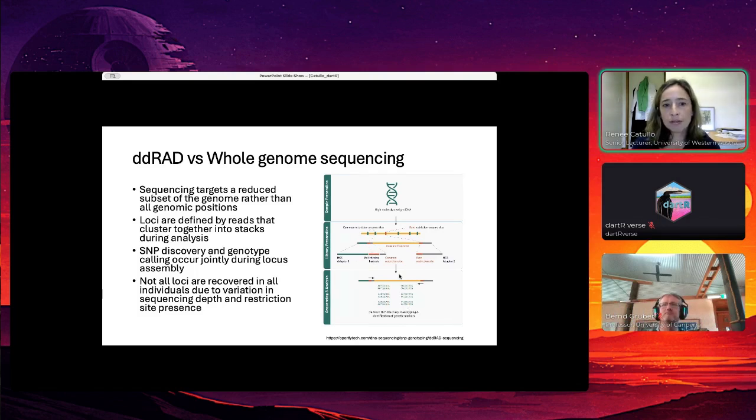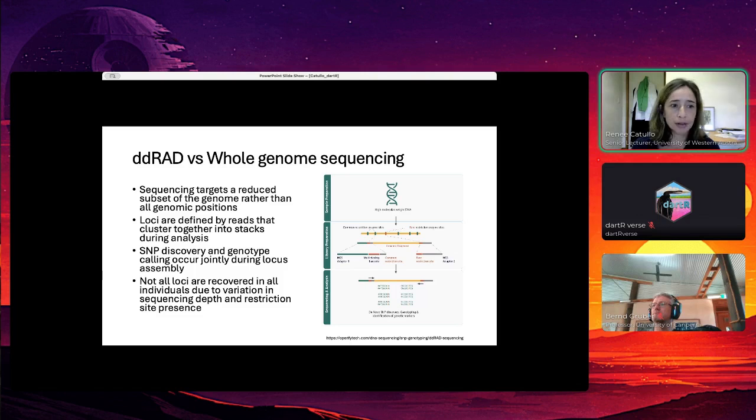Once we have all of that data, those reads are assembled into loci. On those loci we have discovery of SNPs, being biallelic sites, during that assembly. And during this process, a lot of things can bias the data that you get out of the process.